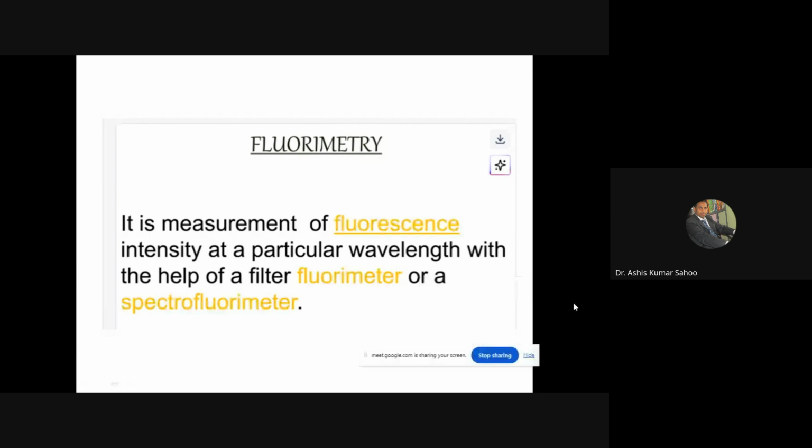We will measure the intensity of fluorescence at a particular wavelength with the help of a filter fluorimeter or spectrophotometer.